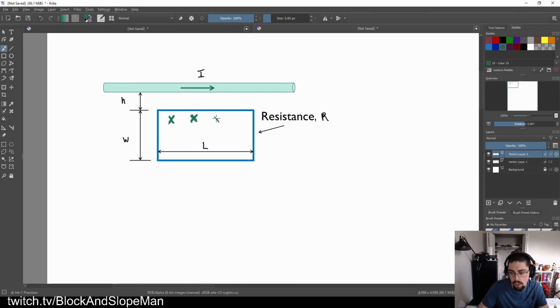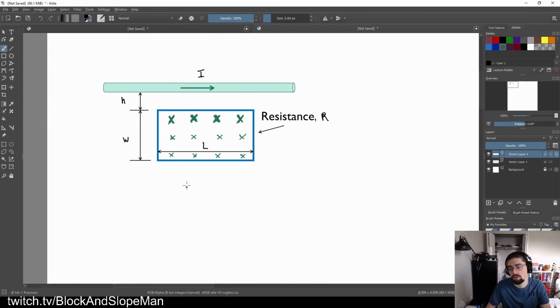I use the right-hand rule to think about this direction. But the magnetic field is much stronger here than it is down here. As we go farther and farther away from the wire, the magnetic field decreases in strength.